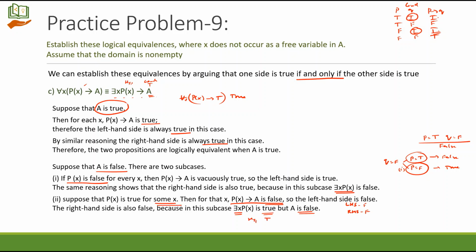This is the hypothesis and this is the conclusion, which is false. So this particular first subdivision is Q is equal to F, P is equal to F. This subdivision is Q is equal to F and P is equal to true. Thus, in all the cases, the two propositions have the same truth value. So here also LHS is equal to RHS. Here also LHS is equal to RHS. Here both the values are true, but here both the values are false.